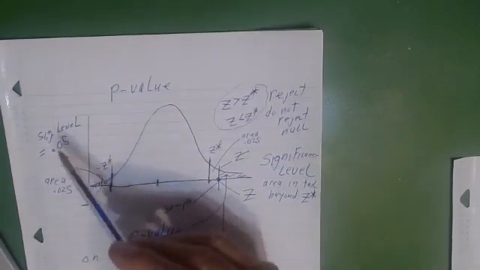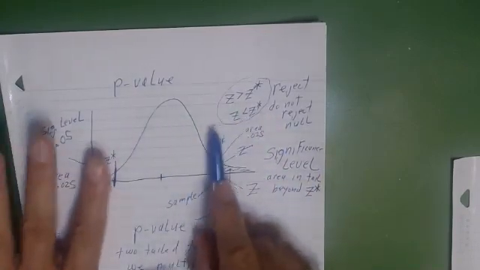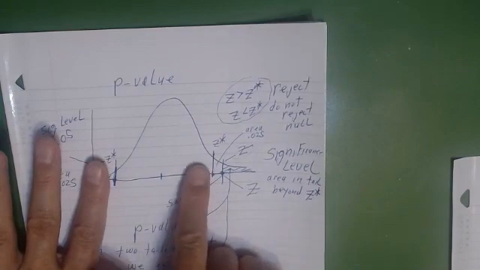So for the significance level of 0.05, that means you've got 5% of your area.